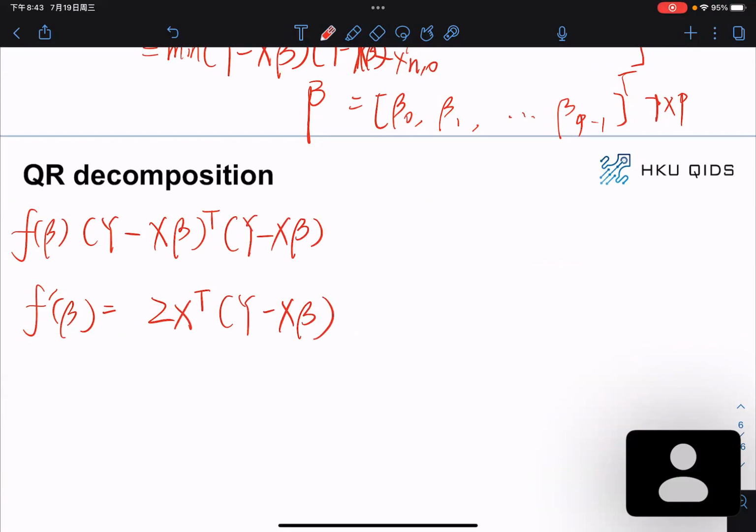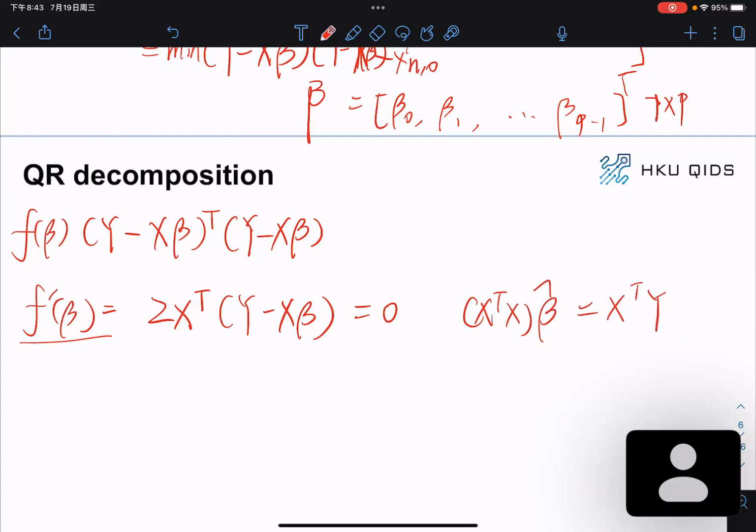Taking the derivative of a matrix expression is basically quite similar to taking the derivative with respect to ordinary variables. It's the same. We set the first order derivative equal to 0, and then we have X transpose X beta equals X transpose Y.